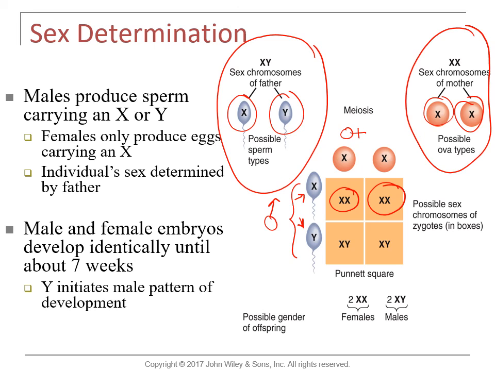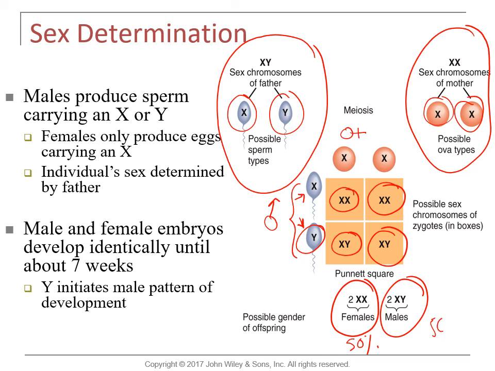So fertilization by a Y-bearing sperm is gonna produce a male which is XY, XY. Okay, so here in this case 50% of the kids are gonna be females and then 50% is gonna be male. Okay, so here we can see that the individual sex is determined by the father's chromosomes.